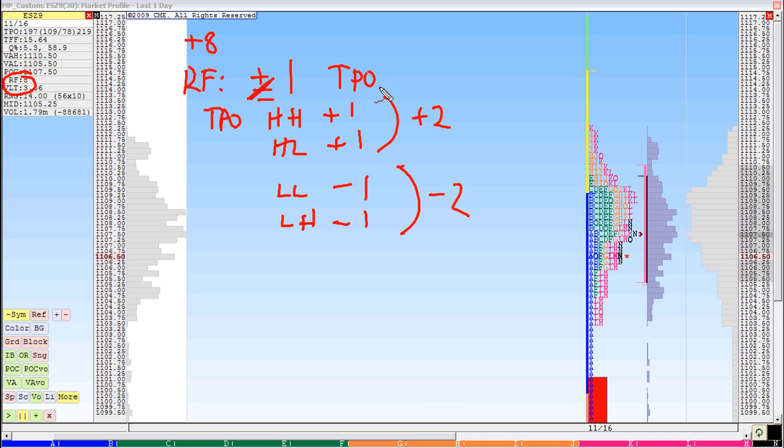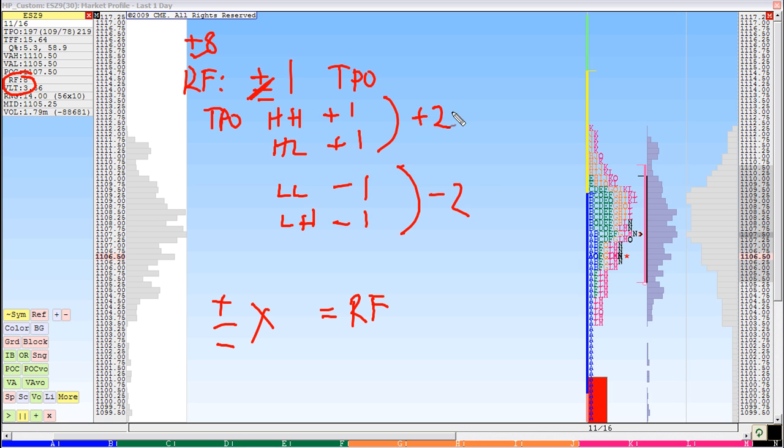Okay, so we sum that up on the day and we come up with a plus or minus number, x, on the day that equals the rotational factor. In today's case it was +8. Let me run through quickly and show you what happened and how it wasn't a trend day where we stalled, and then I'm going to run 2 other videos to show you trend days and normal distribution.